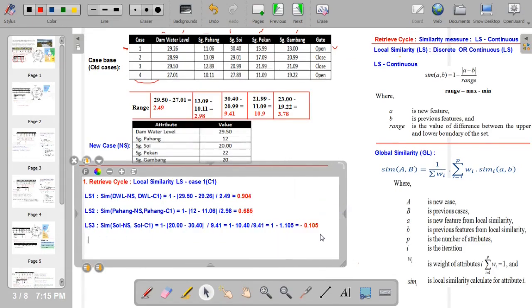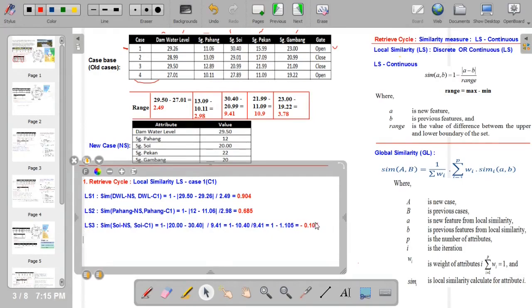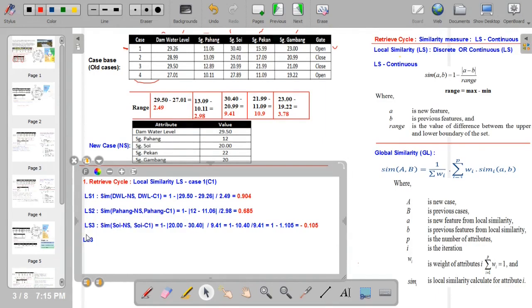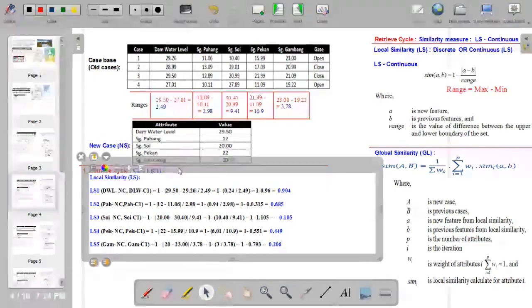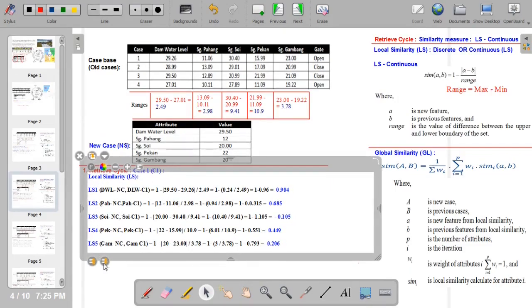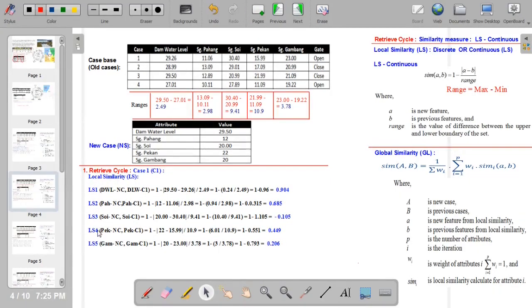Okay. Then LS. And now I'm not going to do the fourth and the fifth attributes. So you are going to do it: just pause this video, do your calculation and then check with my answer. So now here is the local similarity degree for the fourth attribute, which is Bakkan.